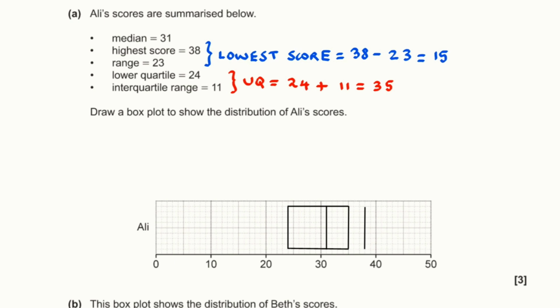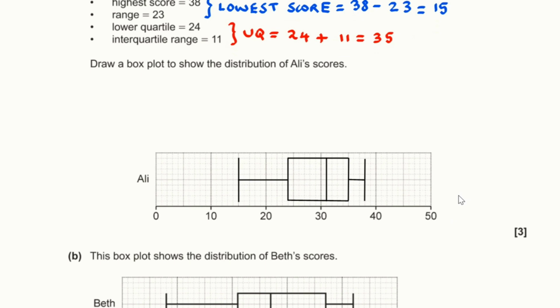So the lowest score is 15, which is over here. So here is the box plot.